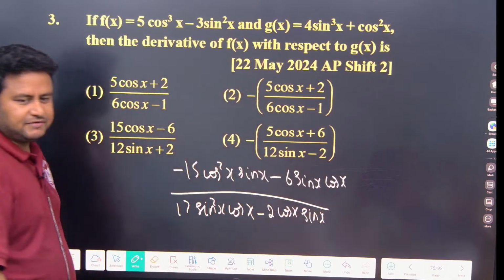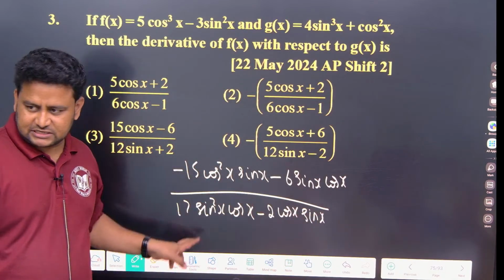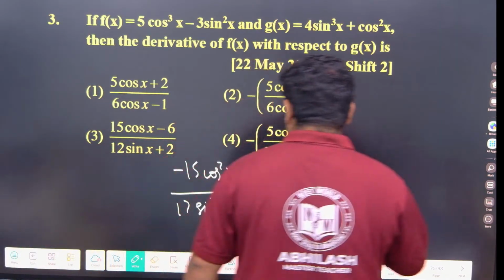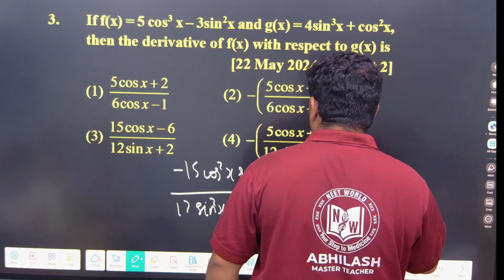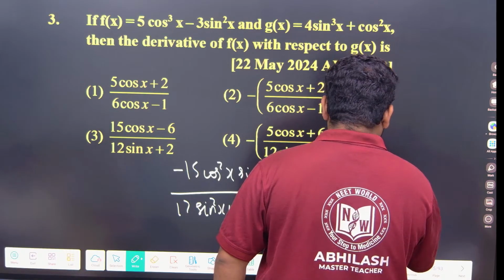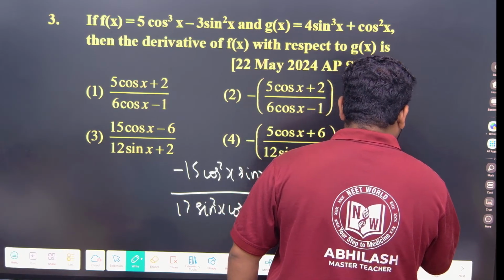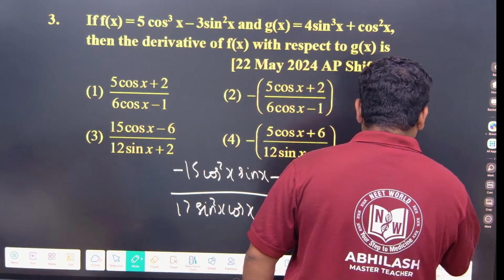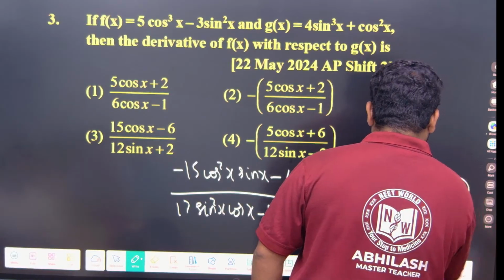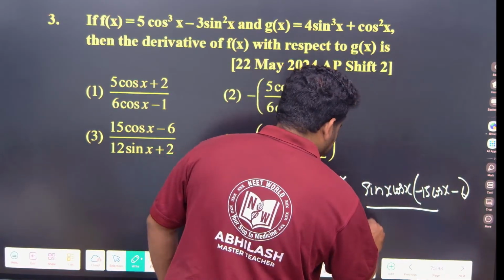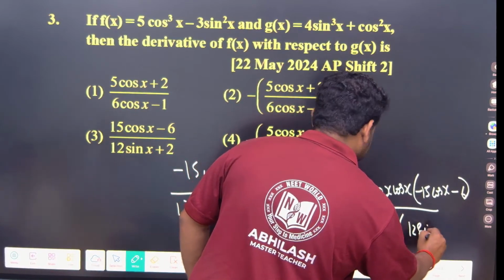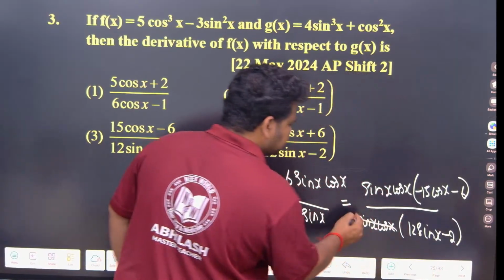Now in such questions definitely we can take common. What can I take common? Sin x cos x I can take common. If I take sin x cos x common, this will be minus 15 cos x minus 6 divided by 12 sin x minus 2, this and this will cancel.